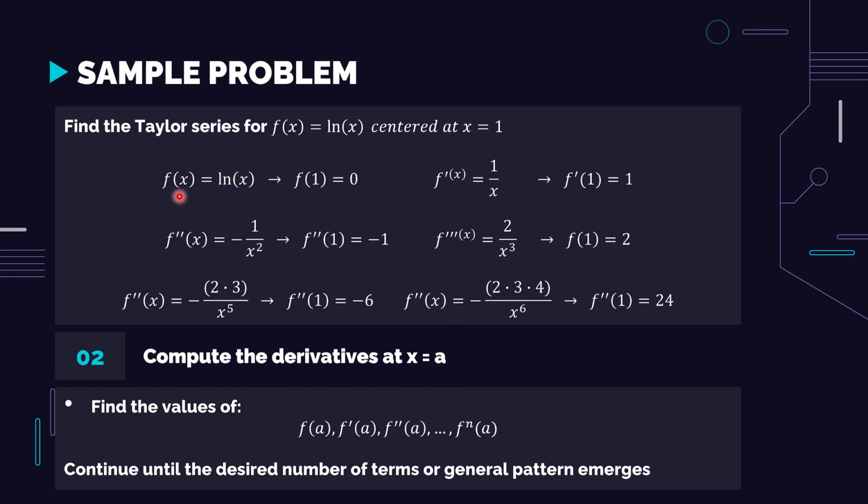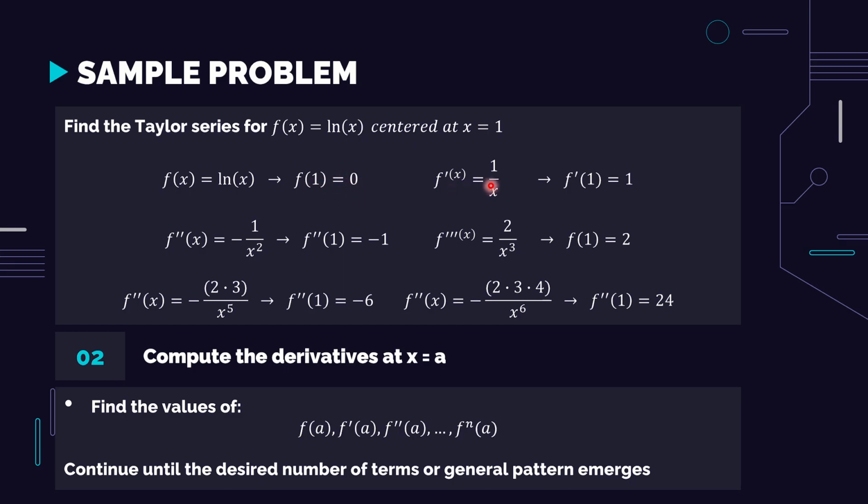For f of x equals ln of x, evaluating at x equals 1, the answer is 0.